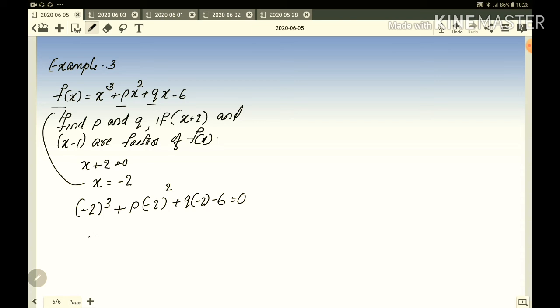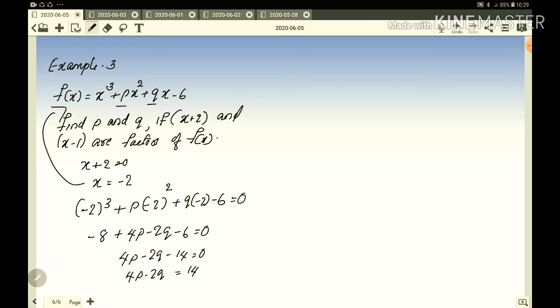So it's going to be minus 8 plus minus 2 squared is 4p, minus 2q, then minus 6 is equal to 0. That is 4p minus 2q minus 14 is equal to 0. That is 4p minus 2q is equal to 14.